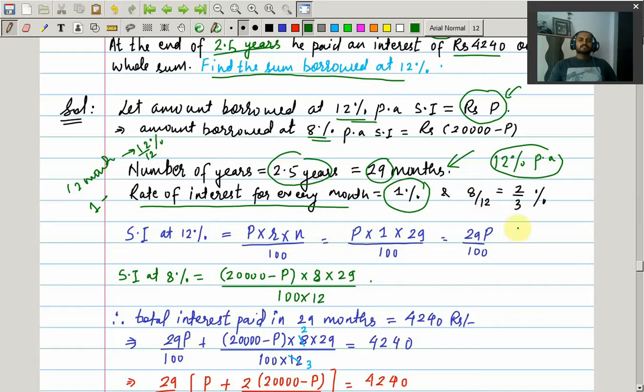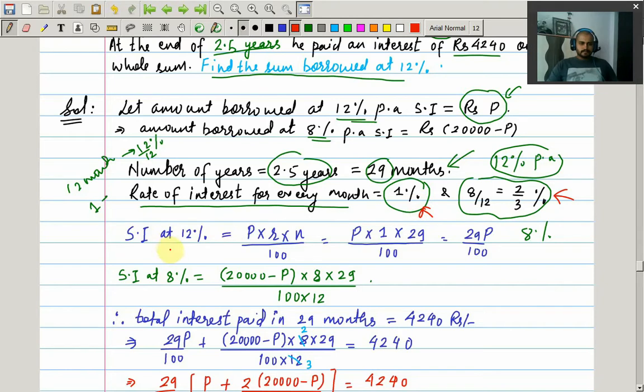And second is 8% per annum, means 8% for 12 months. What is for 1 month? Just divide this 8 by 12, so you get this. So these two rates are for 1 month: 1% for 1 month and 2 by 3% for 1 month.